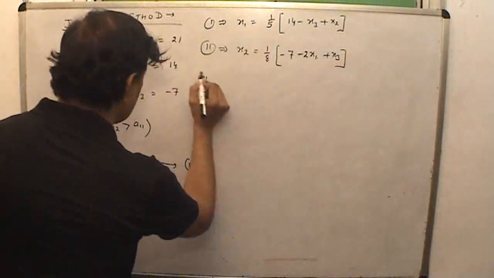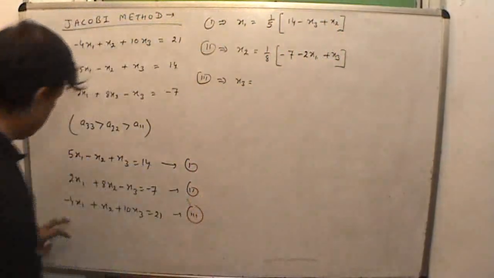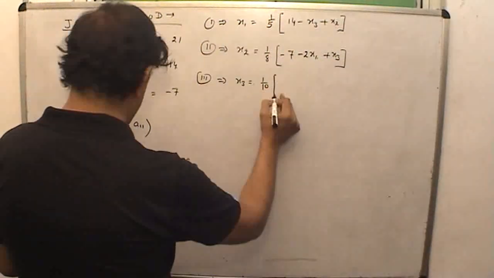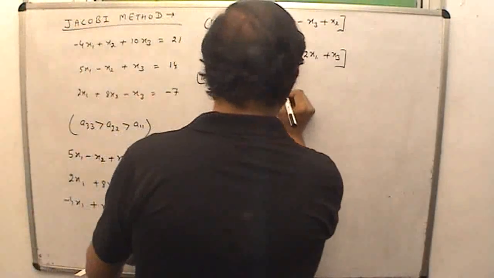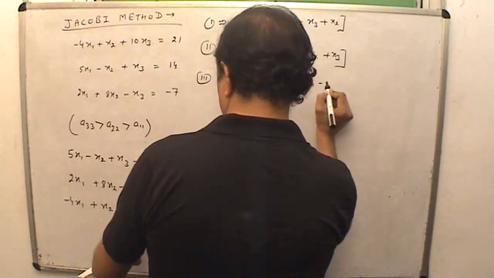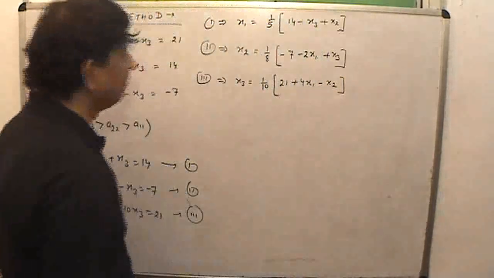And from the third equation we calculate x3, that is equal to 1 by 10 into 21 plus 4x1 minus x2.